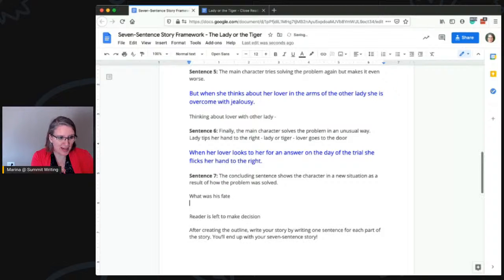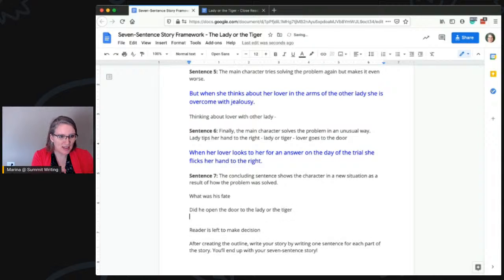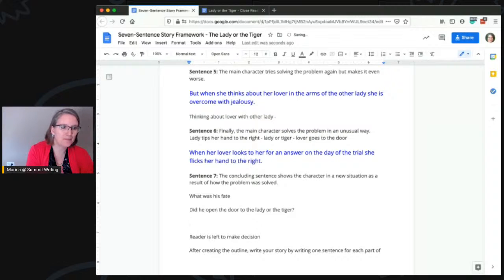Yeah, that's really weak. Did he open the door to the lady or the tiger? That's kind of weak as well. Let's see what else. What could we say?